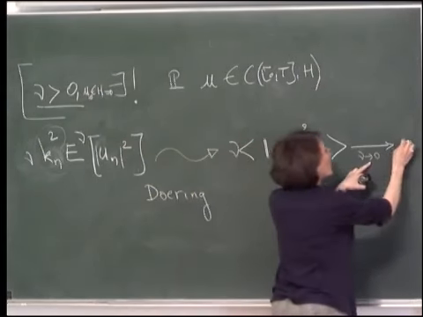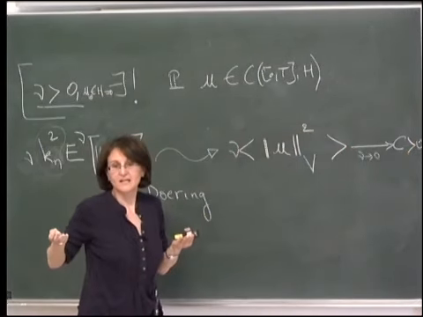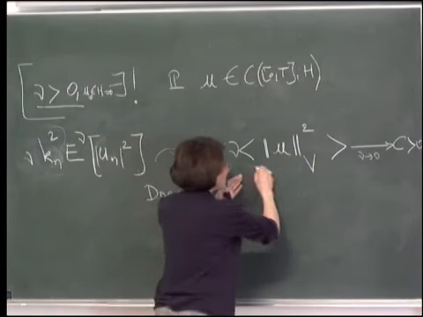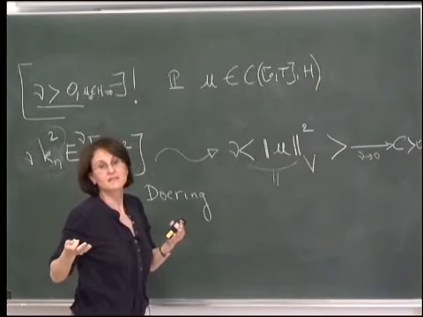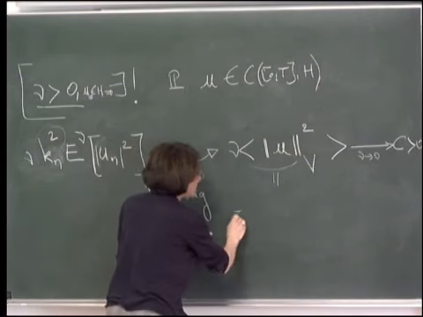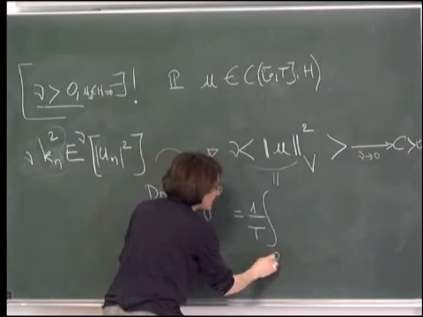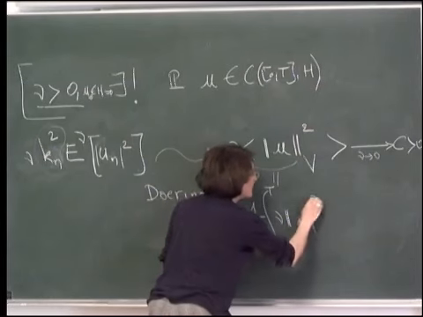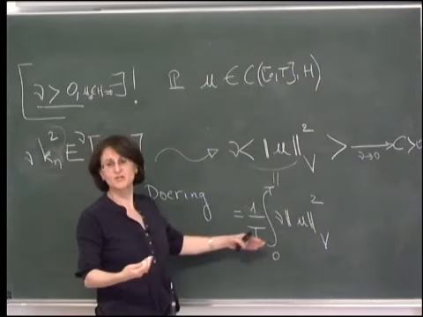It will go to a constant which is strictly positive, which is surprising. And if you consider systems that are ergodic, this is nothing else than 1 over t, the integral between 0 and t, of nu times the norm of u squared in V. These are time averages.